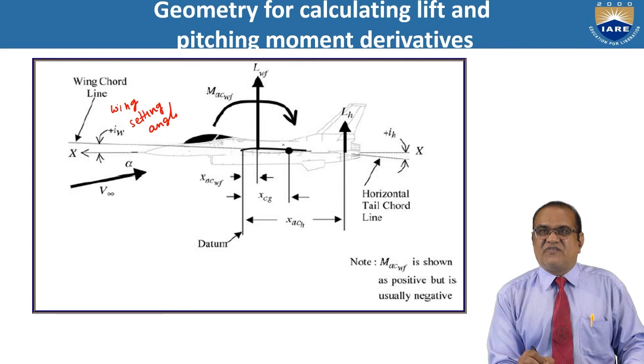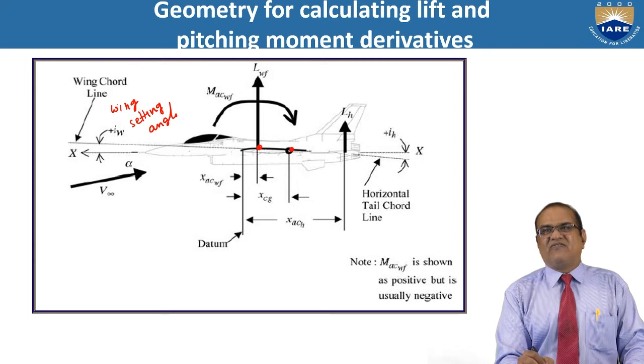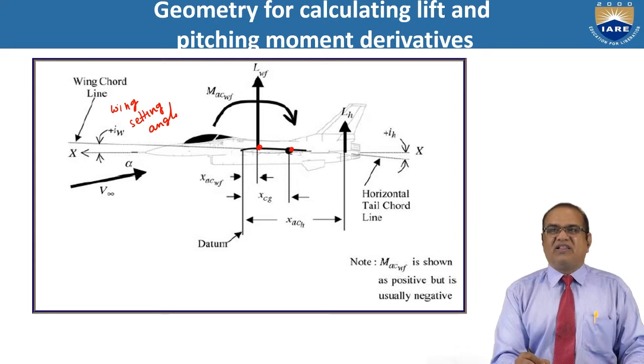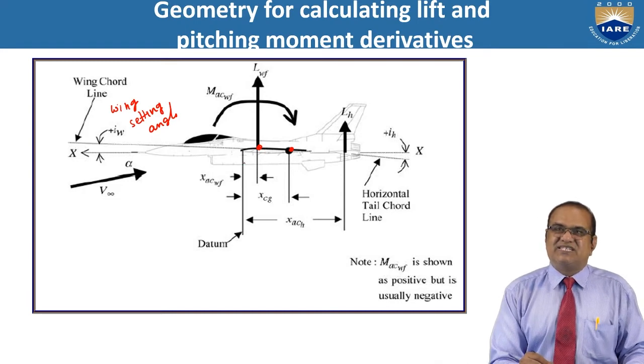Here, this is the wing, and here is your center of gravity, and here is your aerodynamic center. This is the center of gravity. All the measurements are taken from the leading edge.